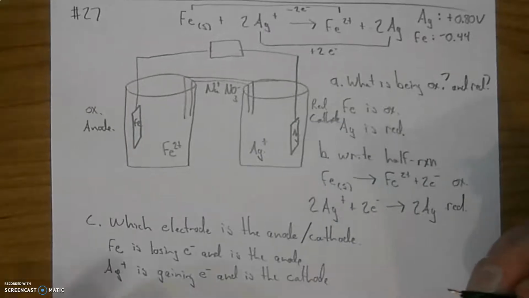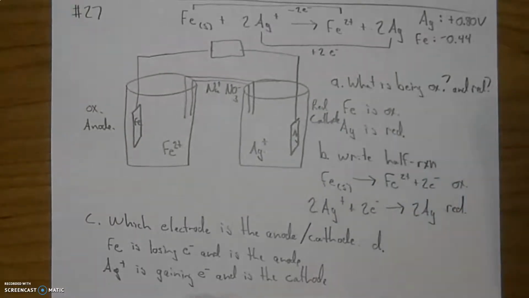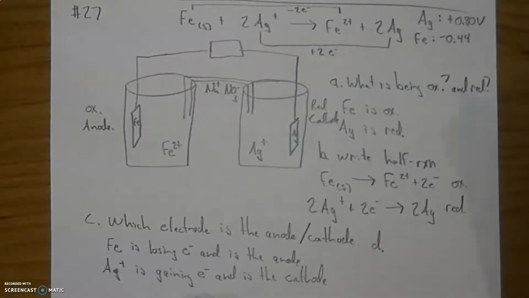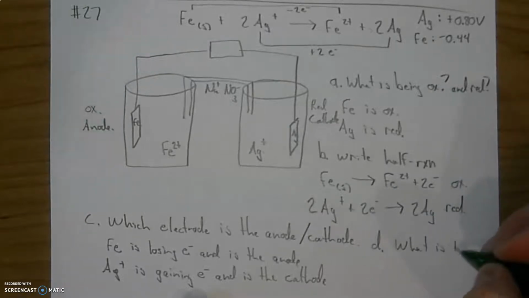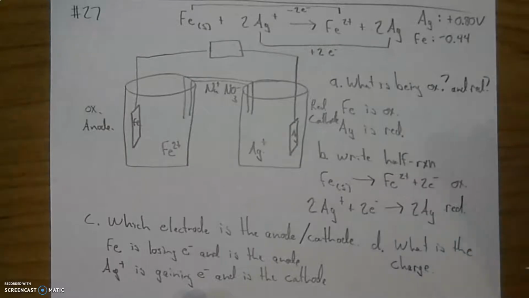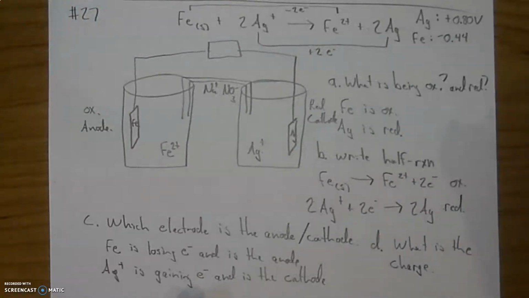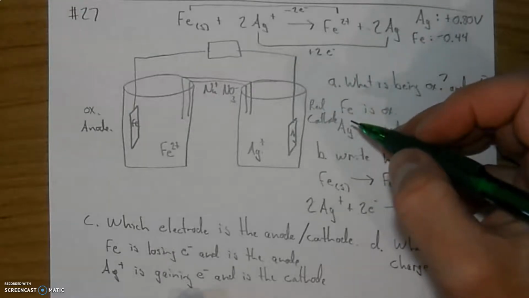Okay, part D. The question as far as what is the charge of these two? So what is the charge, in other words, positive or negative? So the charge of the cathode. Again, you can kind of look at it as far as where electrons are flowing.